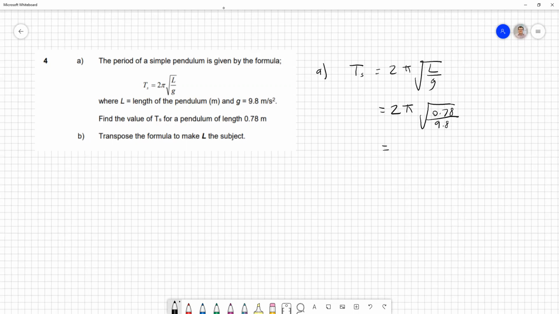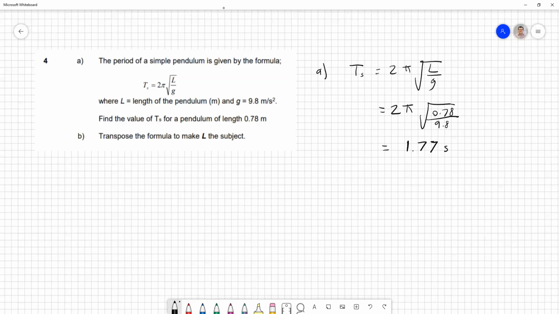And entering all of that in, I get a value out of 1.77, and then some more stuff after that. So I'm just going to write that to 3 significant figures, 1.77. And it doesn't tell us in the question, but this would actually be in seconds, the period of a pendulum. So that's the first part of the question.